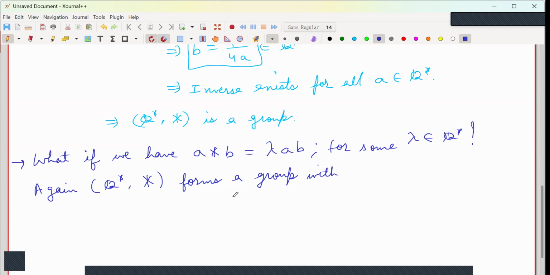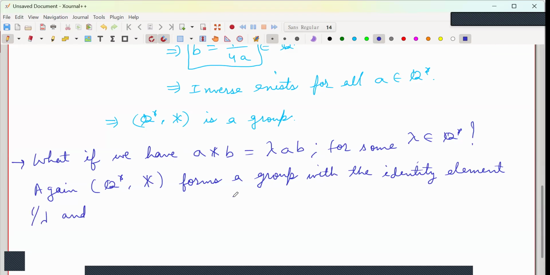Yes, sir. Got it. So now for this, what will be the identity? 1 by lambda. Very good. Put the identity element, 1 by lambda.